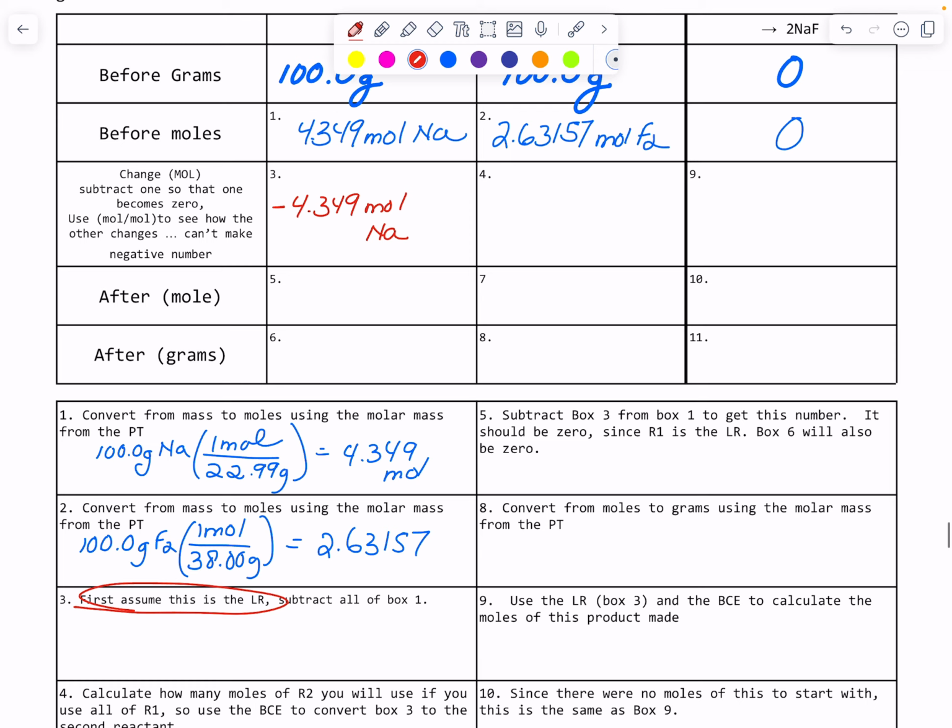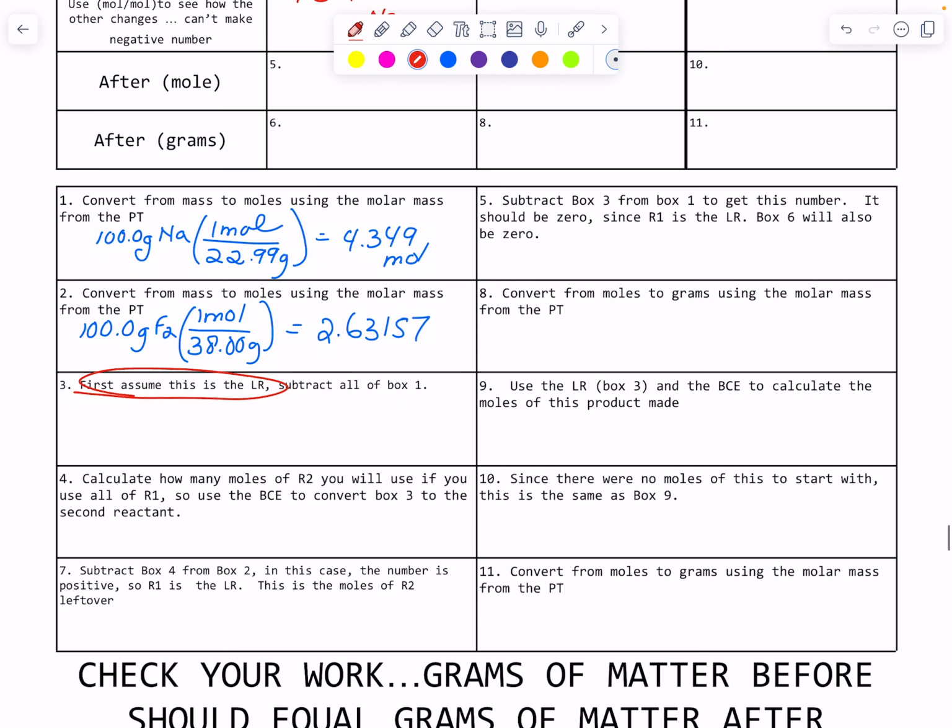But now I would need to figure out box number 4. How many moles of fluorine would also be used? And how I do that is I say, okay, well, if I used 4.3497 moles of sodium, according to the coefficients from the balanced chemical equation, which say I would use 2 moles of sodium for each 1 mole of fluorine, that if I used up all my sodium, I would use at the same time 2.17 moles of fluorine gas.